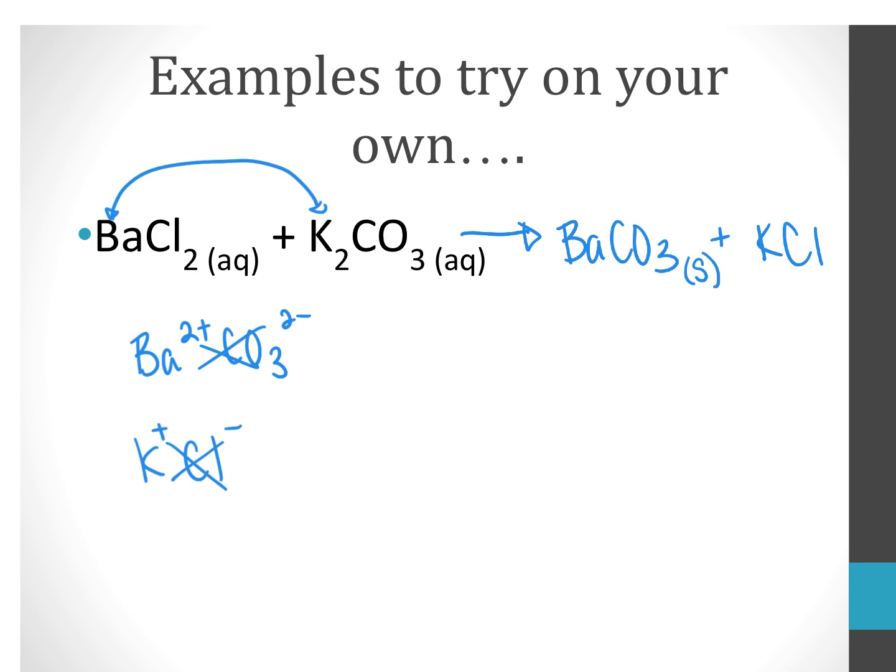And what's the solubility for potassium chloride? Soluble. So what are you going to write? AQ. Good. You made a solid, so did you have a chemical reaction? Yes. Do you have to balance? Yes. What do you have to add to balance?